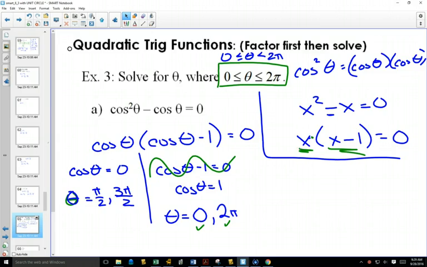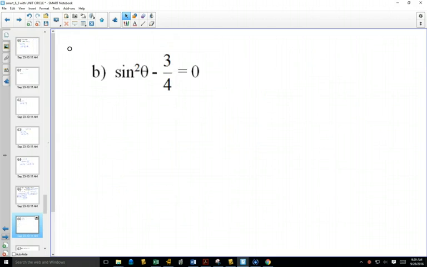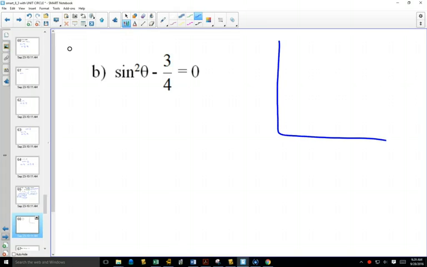Okay, our next factoring one, or our next solving one. So again, we can think, how would you solve it if it was just regular algebra, something squared minus 3/4? What would you do?